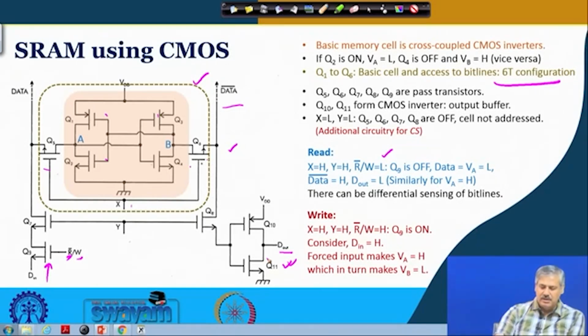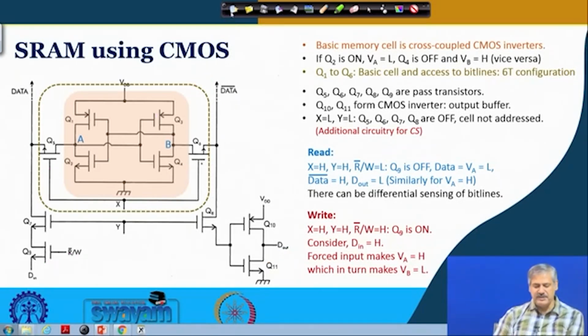Right. Now, how does the write operation take place? Again, these two addresses would be high. Okay. Chip select, which provides access to this particular chip, should be at a proper value. Now, this is 1. So, D in is allowed to enter, and when this D in comes here, again this is a forced input, for which this particular output will be of, say, a high value.